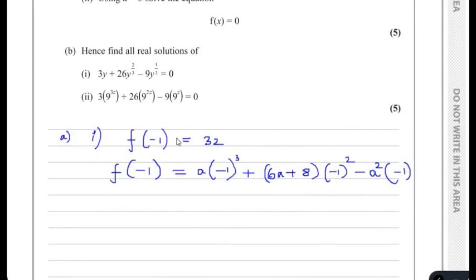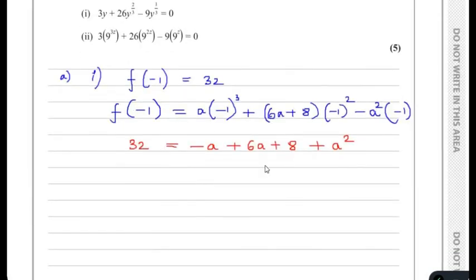So f of minus 1 they have given us as 32. So in place of f of minus 1 I'll write 32 is equal to, this becomes minus a and this is plus 6a plus 8 and minus of minus becomes plus a square. So let us rearrange this.